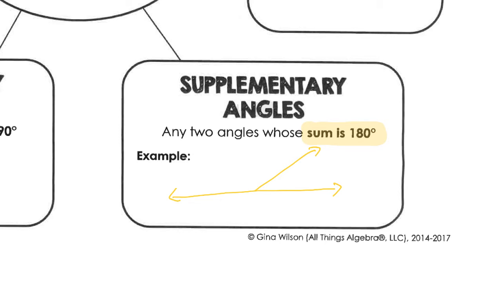So if this angle was 130, we know it has to equal 180. Therefore, we know right away that this one equals 50 degrees because 130 plus 50 equals 180. Supplementary angles.